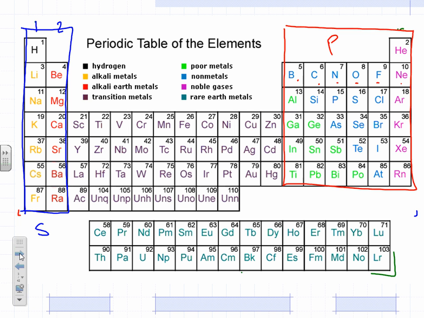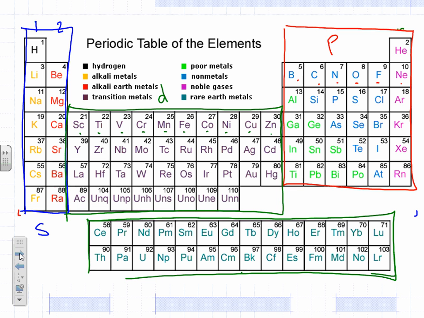In the middle, the transition metals, there's 1, 2, 3, 4, 5, 6, 7, 8, 9, 10 elements in this block, and we know that this represents elements that are filling their D subshell. And finally, down here, the rare earths, or the lanthanoids and actinoids, this is called the F block because all of these elements have their outer shell configuration as an F subshell.